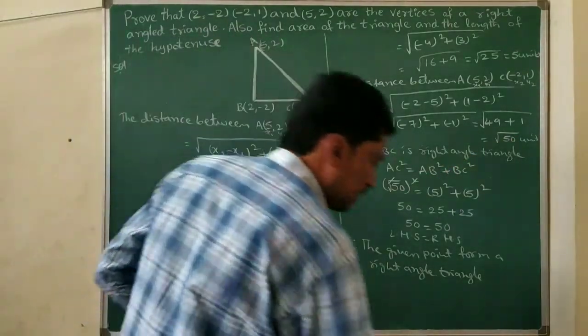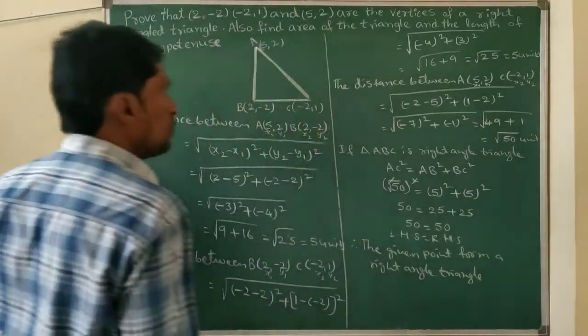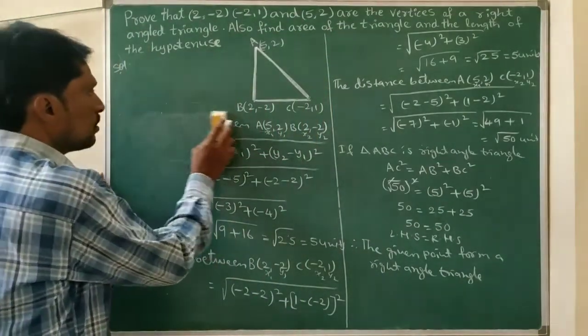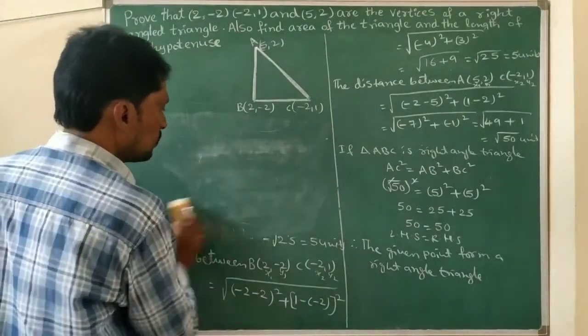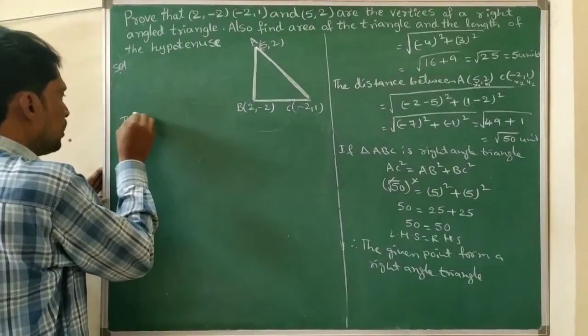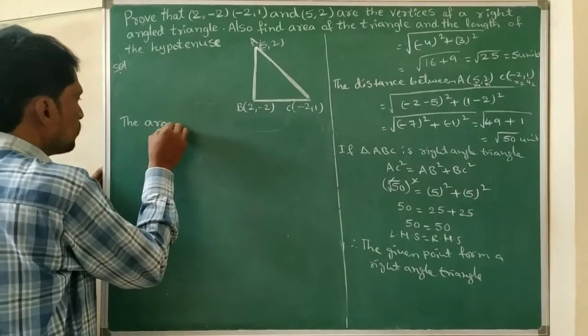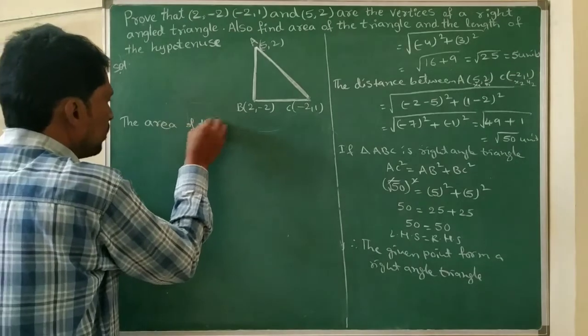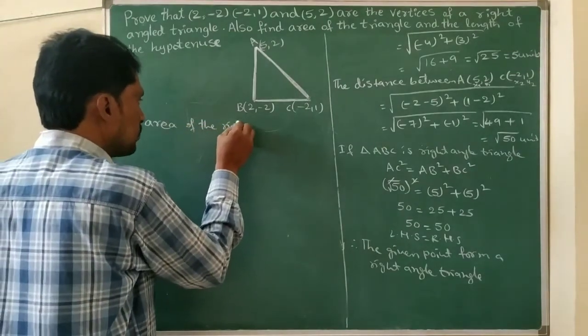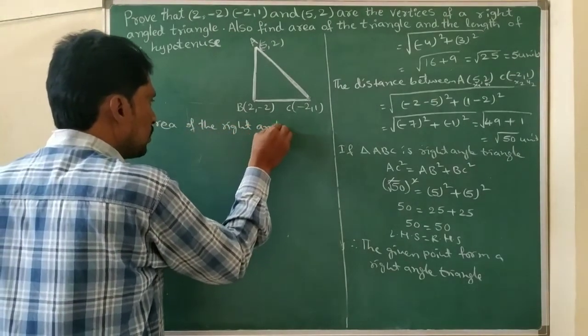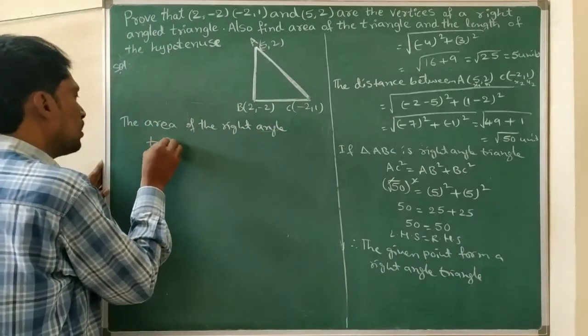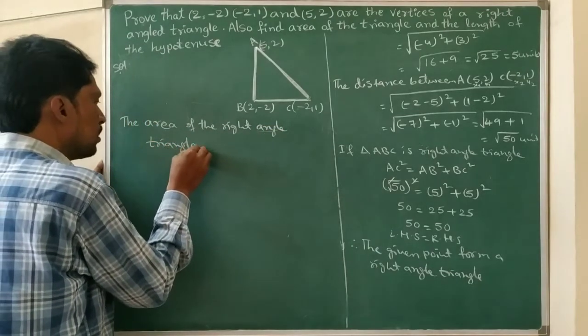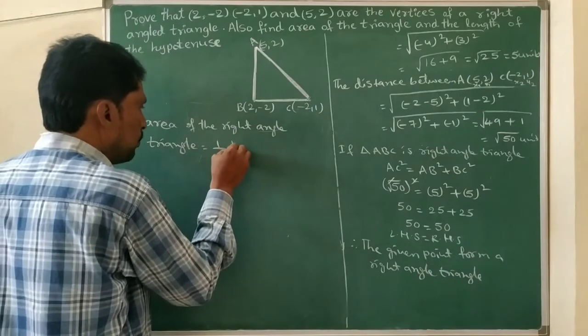Now I will find the area of the triangle. The area of the right angle triangle equals 1/2 × base × height.